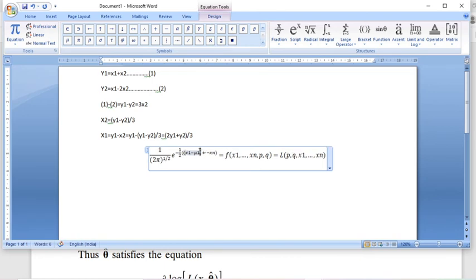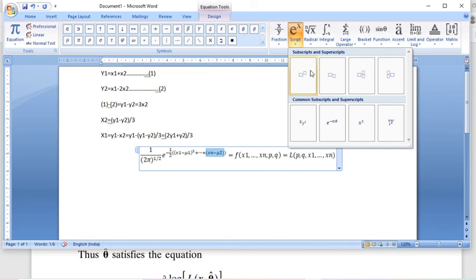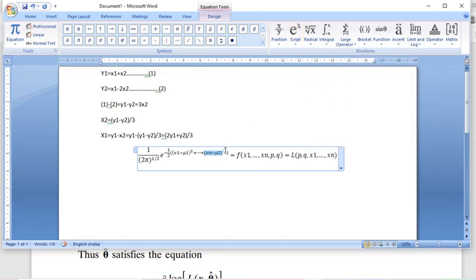We are considering only one parameter, mu, and sigma is equal to 1, so in that case we will have a joint density like this.